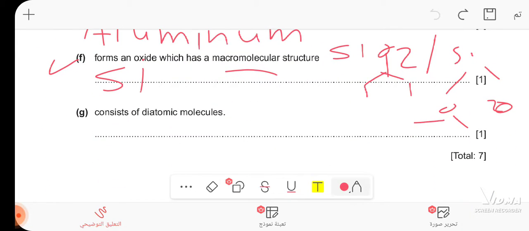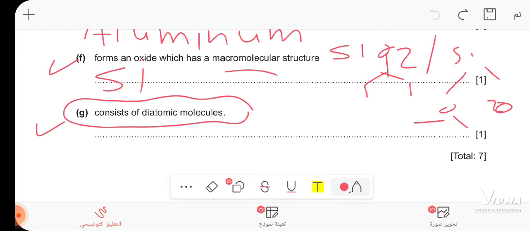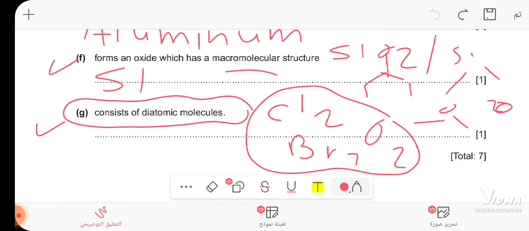The last question here asks us about the element which consists of diatomic molecules. Diatomic molecules here means the element exists as Cl2 or Br2, O2. All of those are diatomic molecules. So we cannot find chlorine on the earth or in a bottle as Cl only, it is wrong.